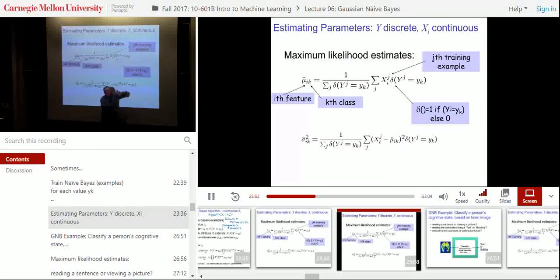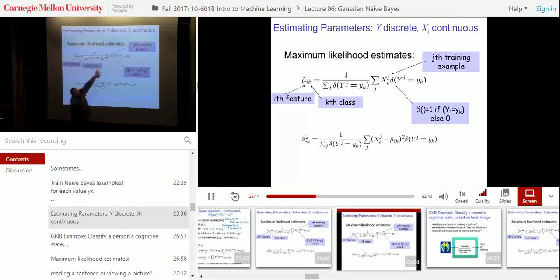The superscript j is the training example. So I just sum over the training examples. The jth training example will have some value of x for i, and I'll sum that in if y equals yk, and otherwise I'll ignore it because it's not relevant to predicting this particular mean.